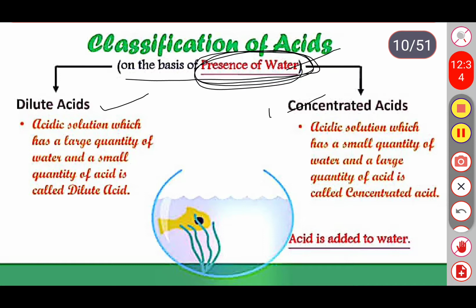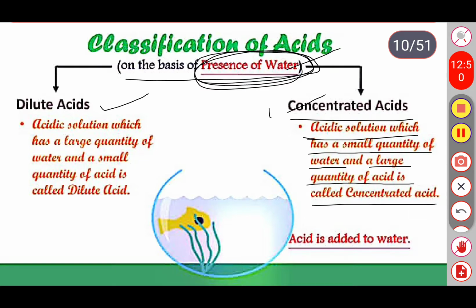An acidic solution which has a small amount of water and a large quantity of acid is called concentrated acid.